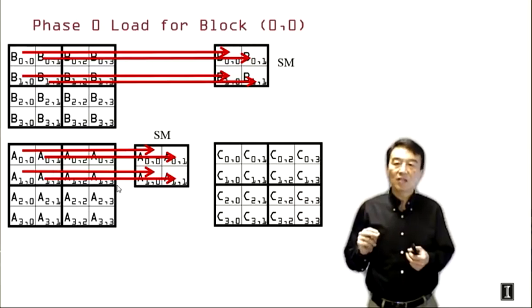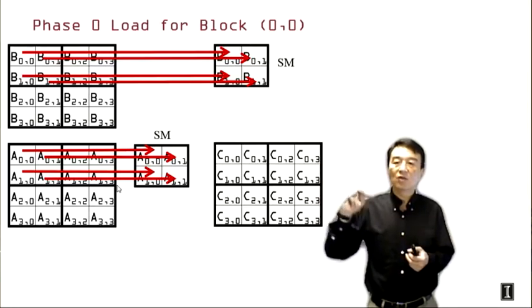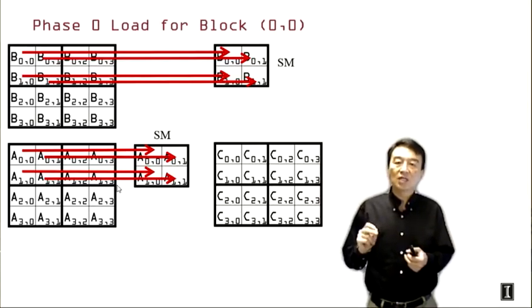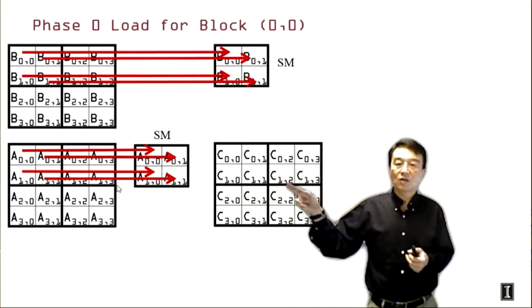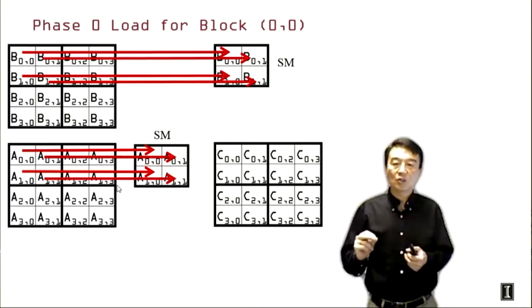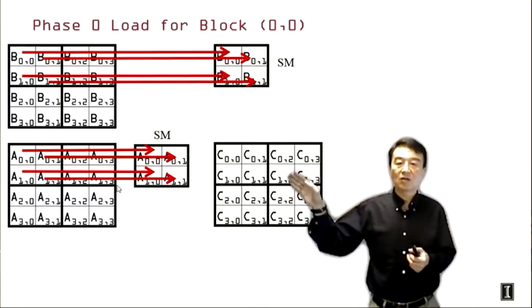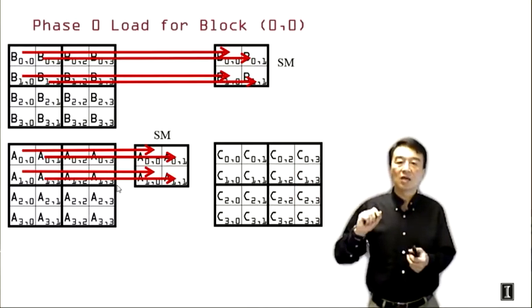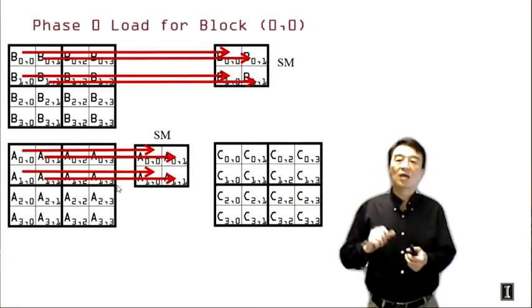The first phase will use the upper left corner of A and the upper left corner of B to generate partial values for all the elements in the upper left corner of C. So this will essentially be the phase 0 execution of all the threads in thread block 0, 0. And thread block 0, 0 consists of all the threads that will be processing the upper left corner of C.